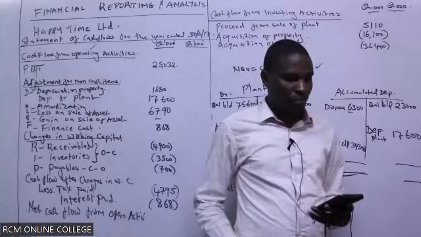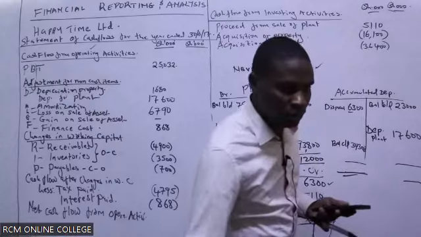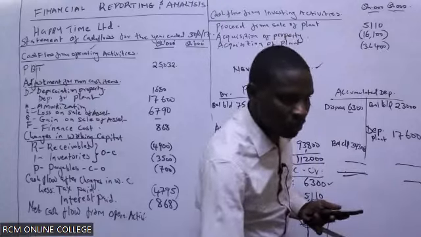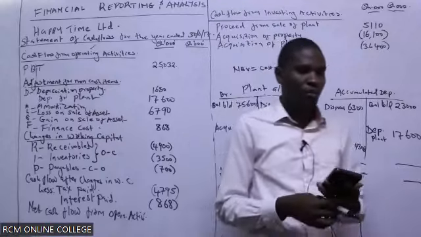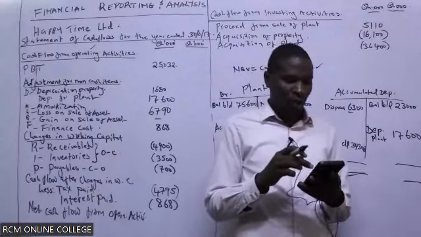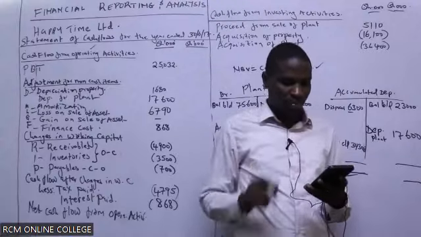Oops, what's happening here? So, all right. Add for me, and we get net cash flow from operating activities.